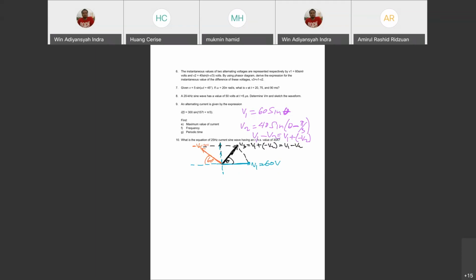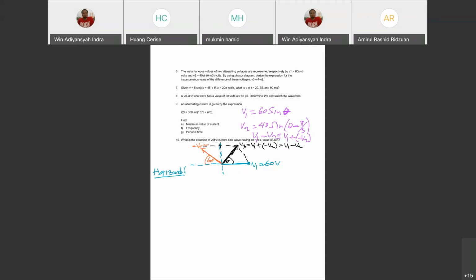Why? Because we need to find the total component, either horizontal or vertical. For example, the horizontal component on the x-axis.